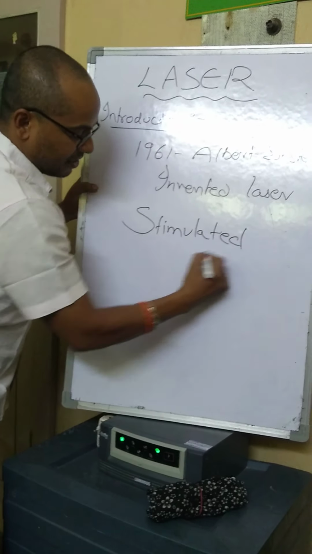You know that radiation is of different forms, and that radiation in our present context is light. So, light amplification by stimulated emission of radiation. This is an important parameter throughout unit 4. Right.